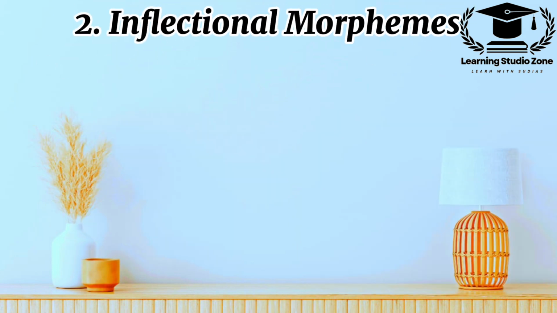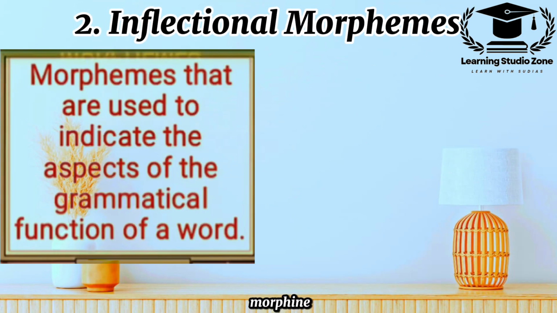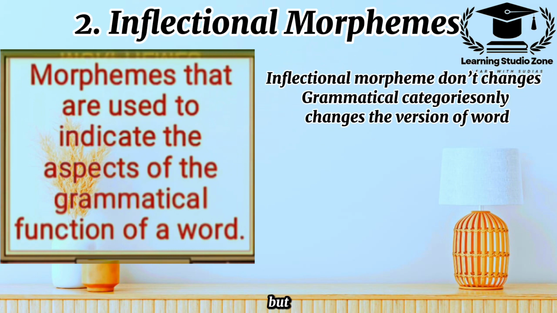Inflectional morphemes. Inflectional morphemes are those morphemes that are used to indicate the aspect of the grammatical function of a word. In simple words, we can say that inflectional morphemes don't change the grammatical category, but only change the version of that word. For example, we have the word old.